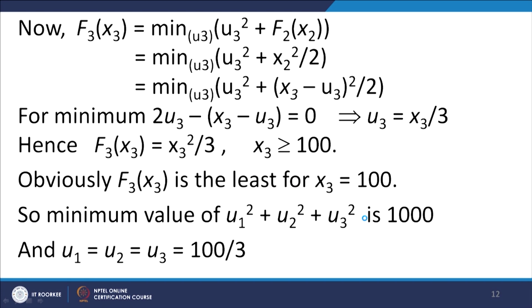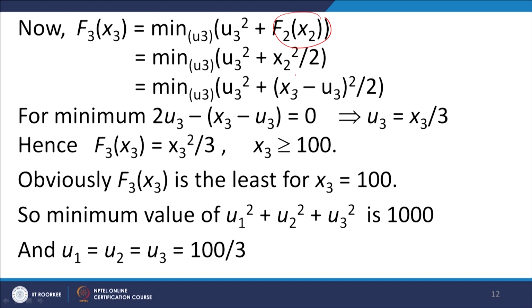Similarly, what about f3 x3? f3 x3 is equal to the minimum over u3 of u3 squared plus f2 x2, and in place of f2 x2 we substitute x2 squared by 2, which we have just obtained.